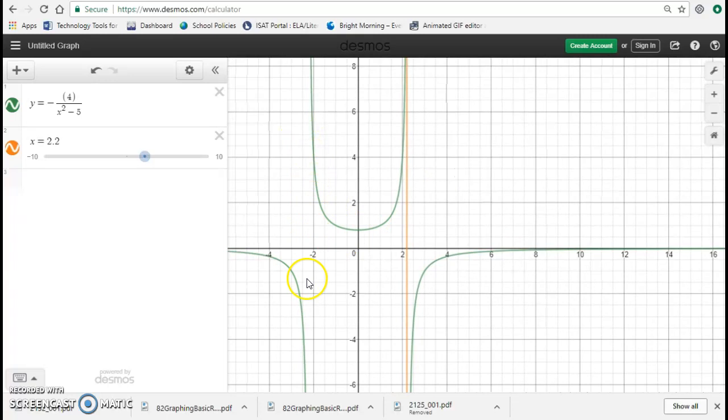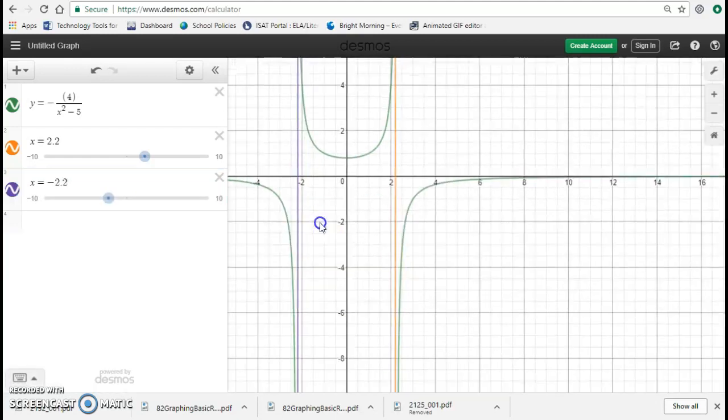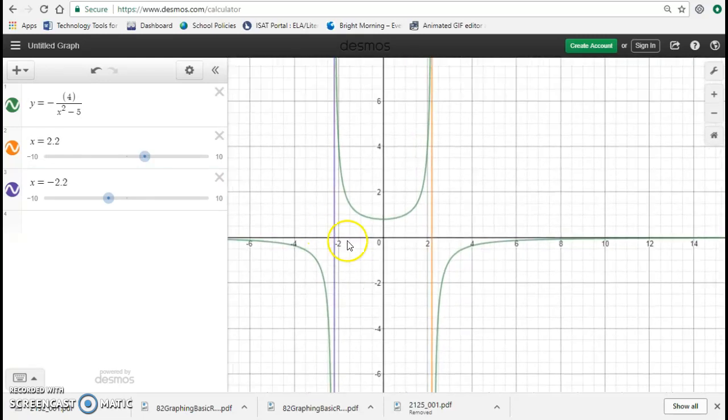And it turns out there's a second one right here, and I bet you it's at the same number. And I'm going to guess here, so you can guess the best to your ability on your assignment here. So it'll be negative 2.2. And look, the same thing happens there. So this has two vertical asymptotes, both at negative 2.2 and positive 2.2.